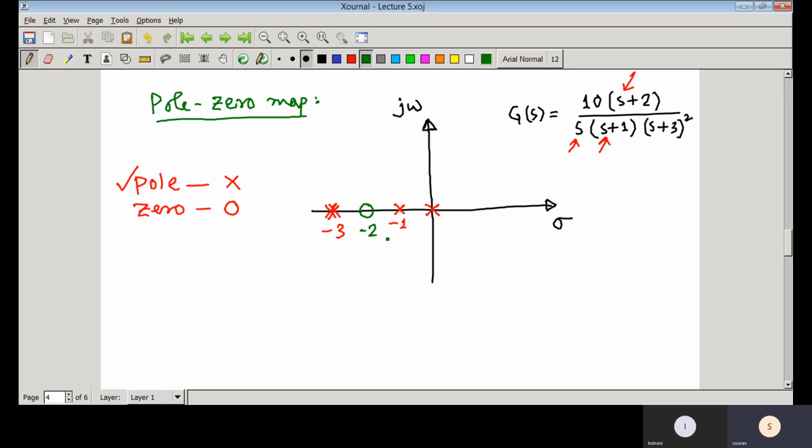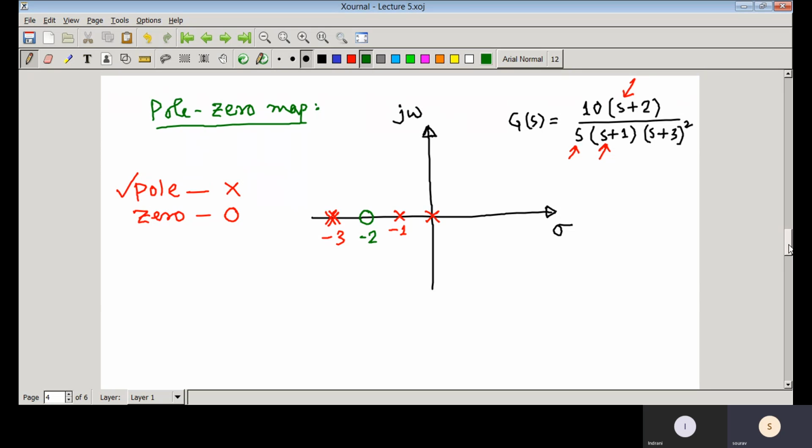So this is actually the pole zero map. And this particular function is also available in MATLAB. Whenever a rational function is given to you, if you draw the pole zero map using these two symbols, the cross and the small circle, then one can understand the locations of poles and zeros of the rational function.